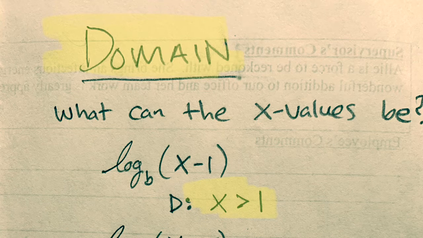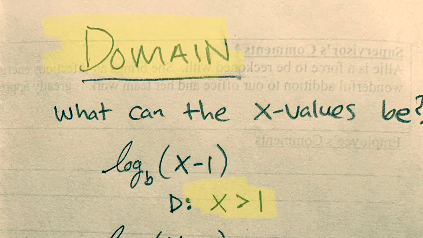X can't equal 1 because then the input for the log would be 0, and that won't work. X can't be anything less than 1 because then the input to the log would be negative. And so the domain is based off of the stuff that's inside the input to the log.